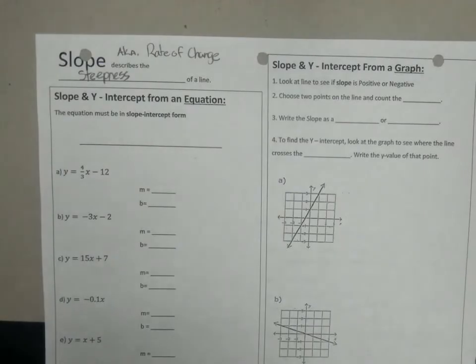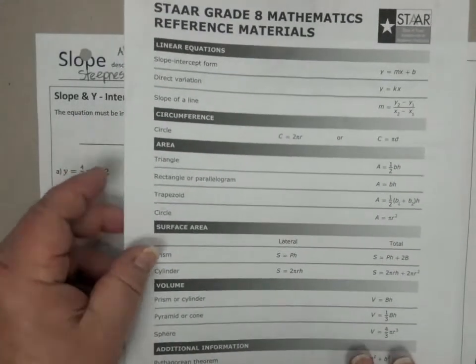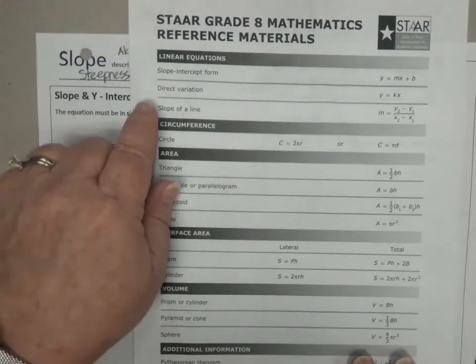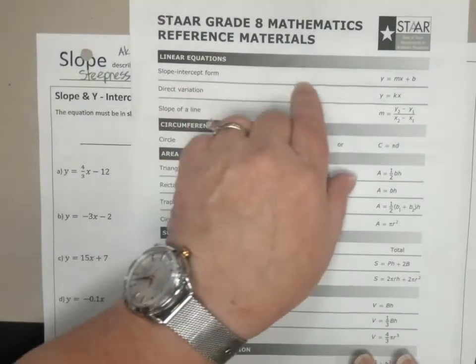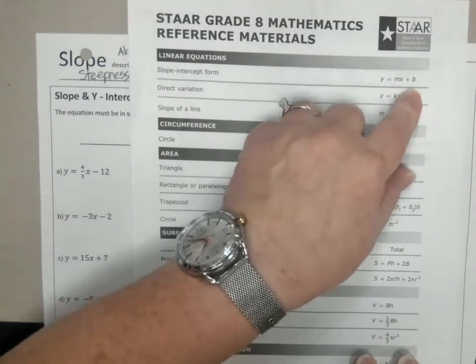I would like to refer to your mathematics chart today. I am going to put that here in front of you, and I want to show you that the slope-intercept form of an equation is y equals mx plus b.